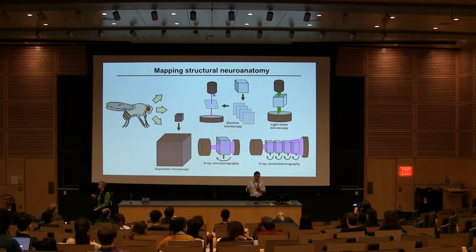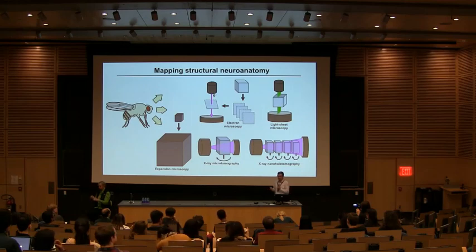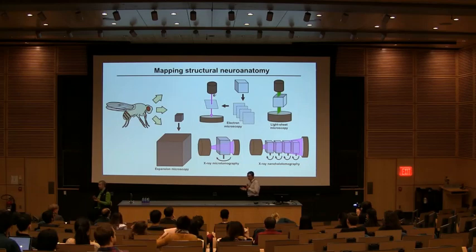There's light sheet microscopy, which requires tissue clearing. Expansion microscopy physically enlarges the tissue to allow for higher effective resolution, as well as the identification of molecular markers within the cells. And then there's X-ray based approaches like X-ray microtomography and X-ray nanoholography.